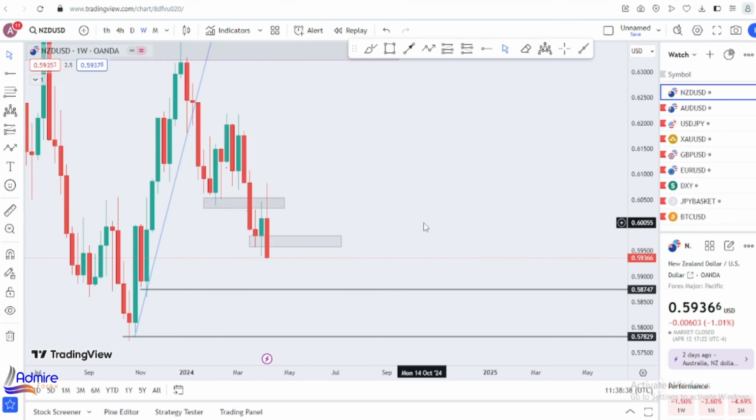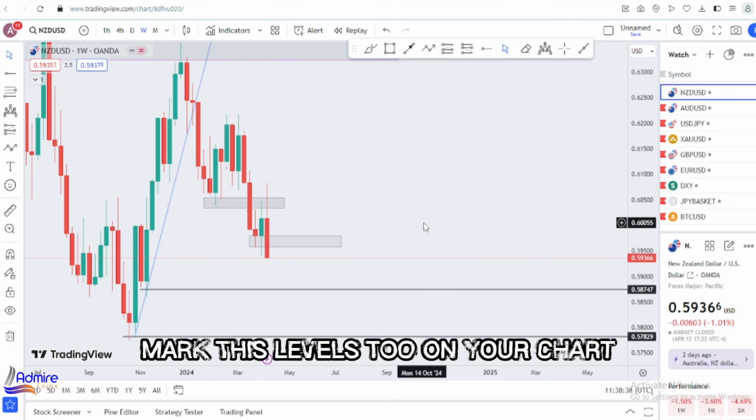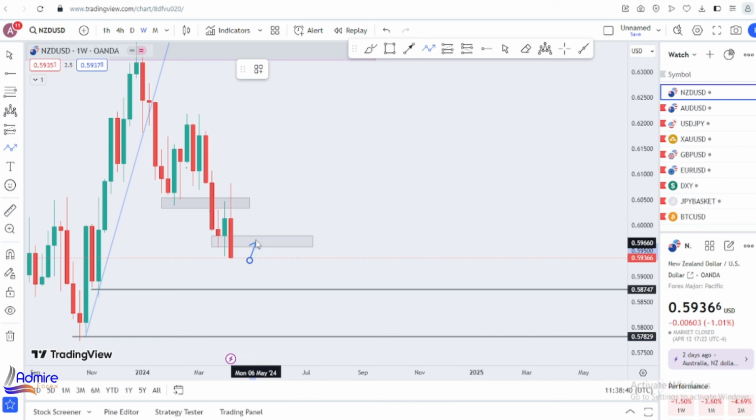We'd love to see price come back into the zone and bearishness all the way to the first level, the 0.587 area. You know that we trade price moves from zone to zone, so the next zone we're looking out for is the 0.57 area for NZD USD, guys.